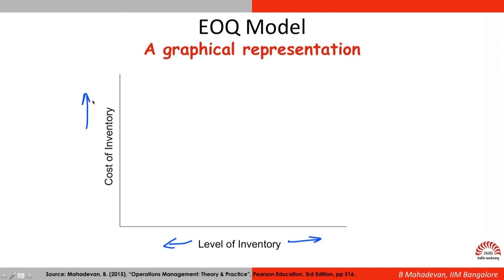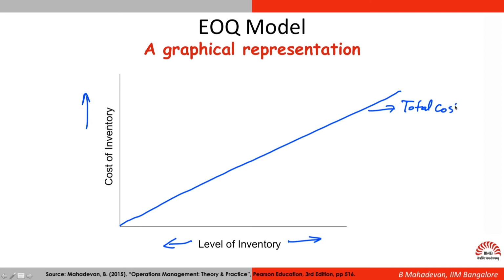So the first thing that we know is carrying cost is a function of the average inventory, and if you look at the earlier table, what we find is it keeps growing in a particular direction. As the order quantity increases, we notice that the average inventory also increases. Therefore, this will be the total cost of carrying inventory for a certain decision.